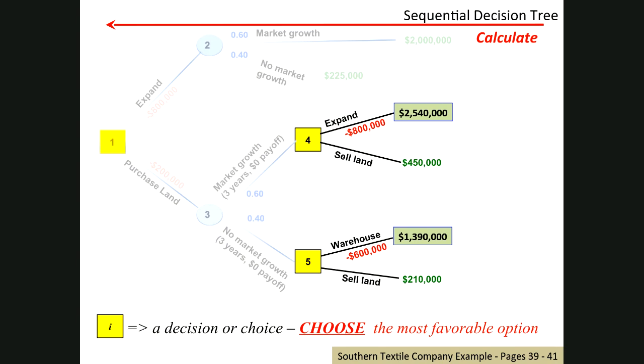And now we have the luxury of being able to choose. And again, we've brought those expected values forward. This is the expected value at 6. And this is the expected value at 7. And so now we have the opportunity to choose between these two choices.